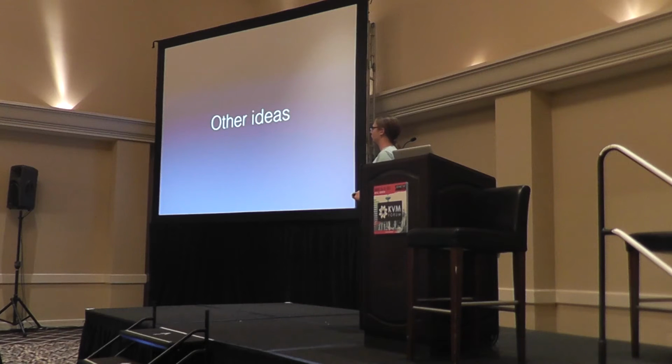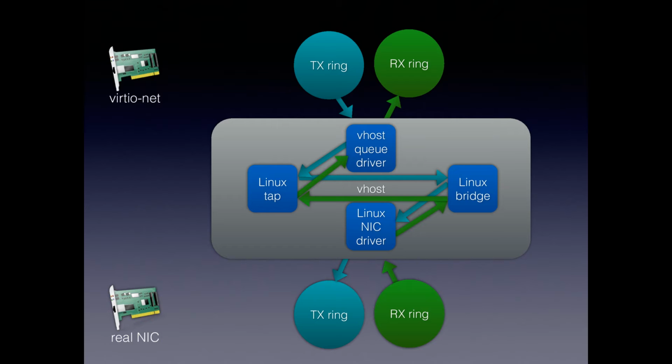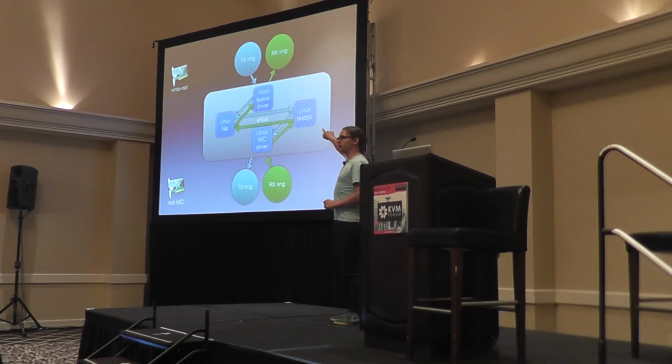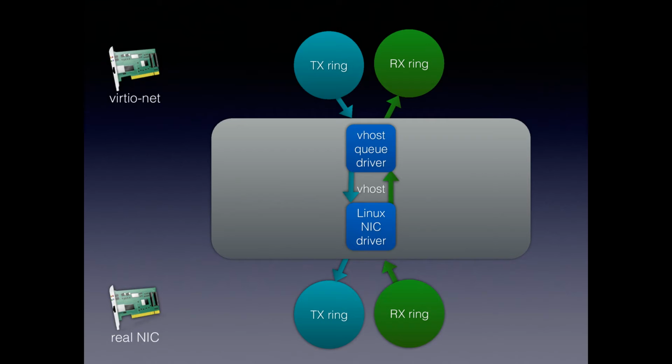But that's not the only thing we can do. I mean, there's definitely a lot more room for improvement to get fast networking. We can, for example, do hardware-aware vhost. Let's just quickly walk through these. Hardware vhost just basically means instead of going through all these layers, what if you just dedicate a VF to your specific vhost and just have them talk directly?